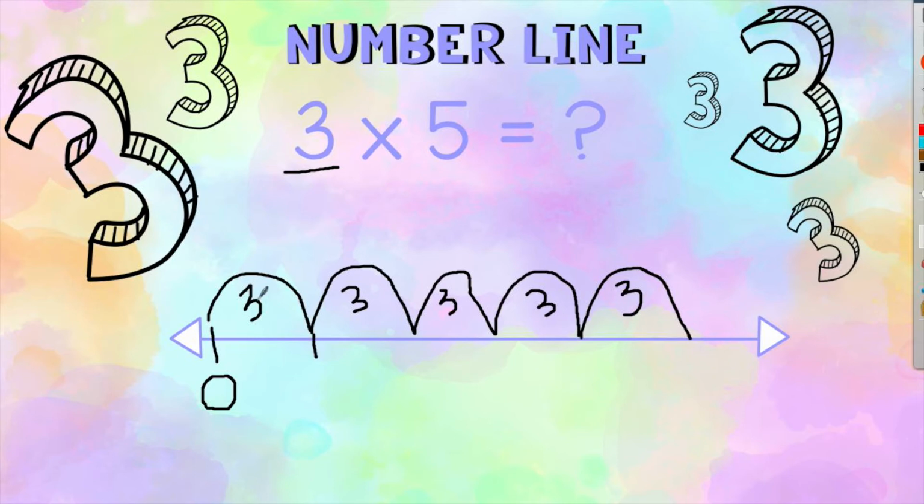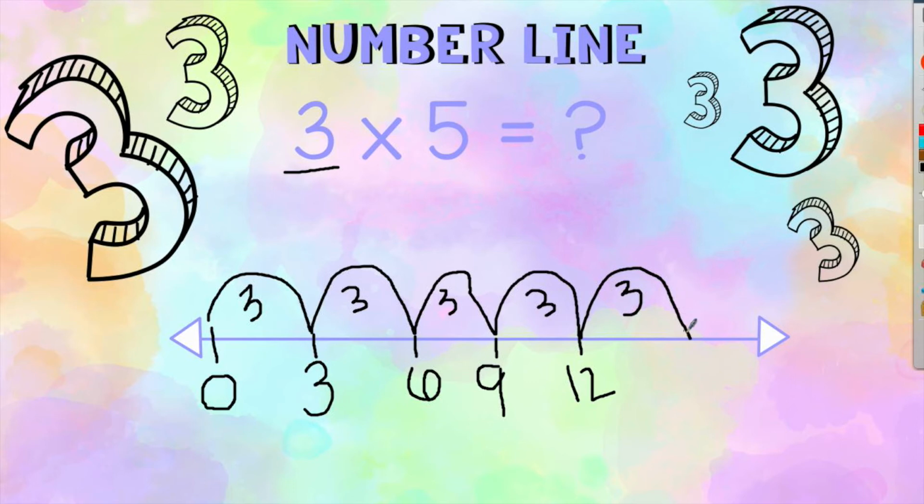So 3 plus 0 equals 3. 3 plus 3 equals 6. 6 plus 3 equals 9. 9 plus 3 equals 12.